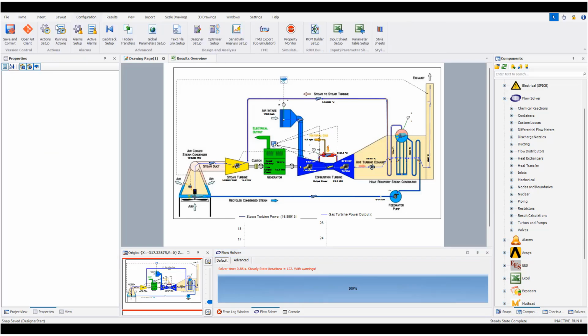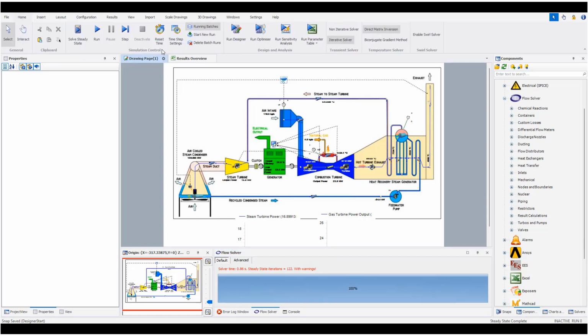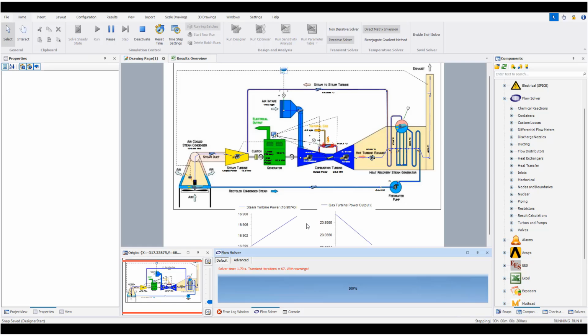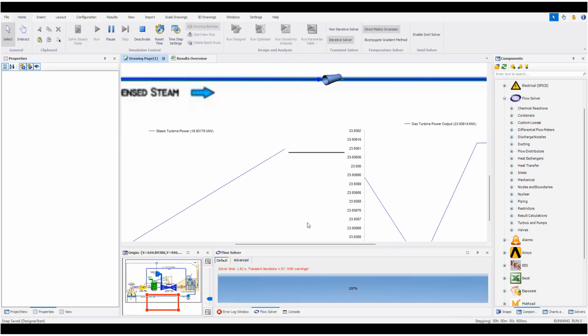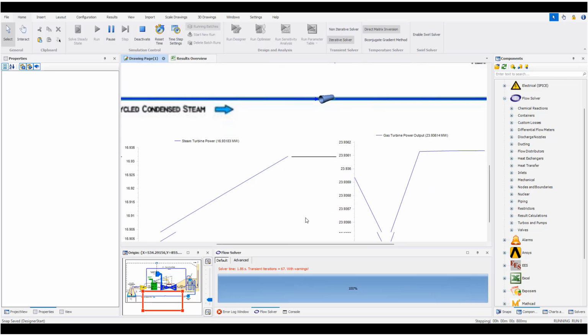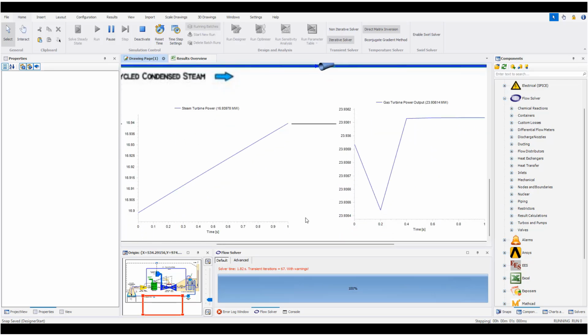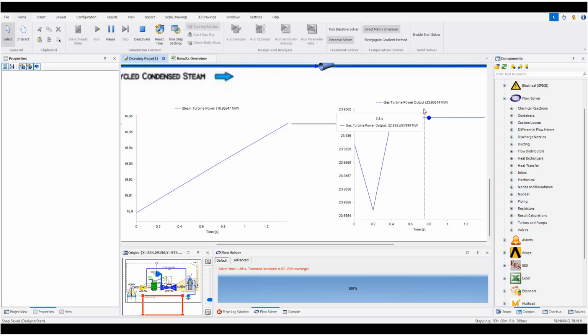Now let's run the transient simulation. For the transient simulation, these are the graphs that were already created for the output power of the steam turbine and the output power of the gas turbine.